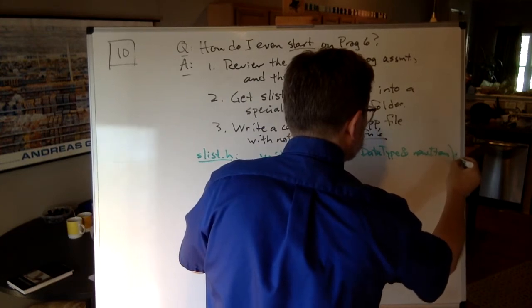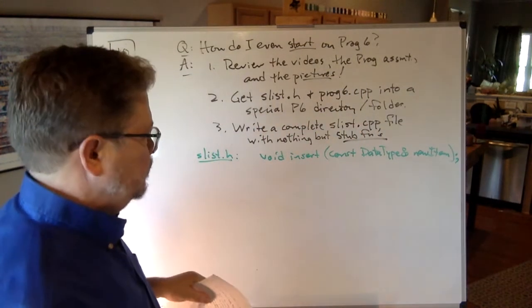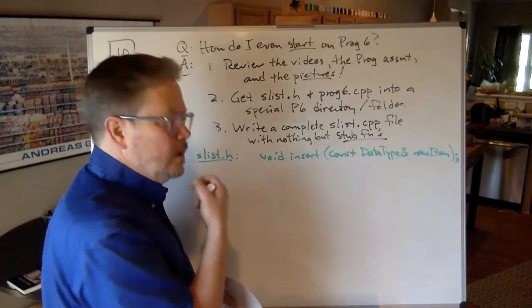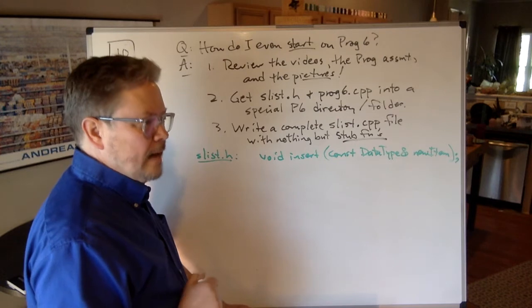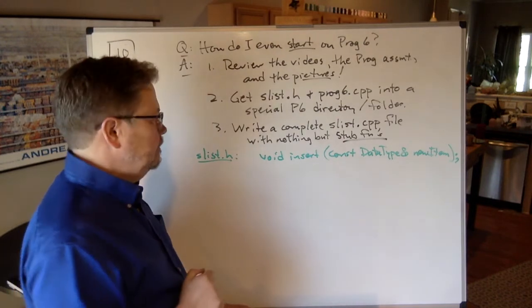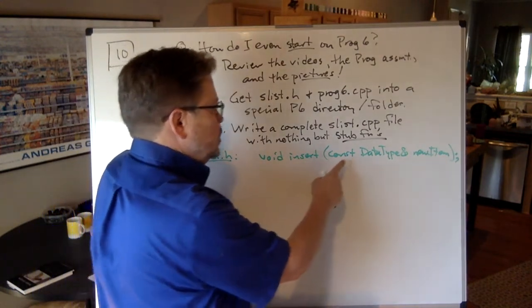Close parentheses, semicolon. First of all, let me just quickly review what this is. Void means it's not going to return anything. We assume our insert operation is going to be successful, as long as we don't run out of memory on the machine, then it will be. The insert is the name of the function.